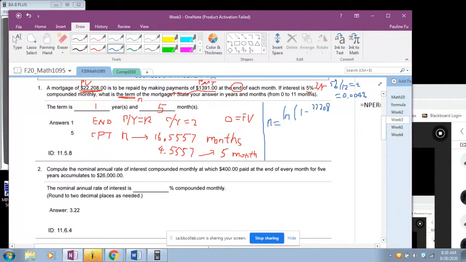Oops, where's my formula? The wind blew off my formula.